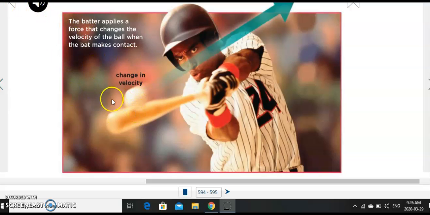So this is an example of momentary force because it happens in a specific moment and it's not continuous.